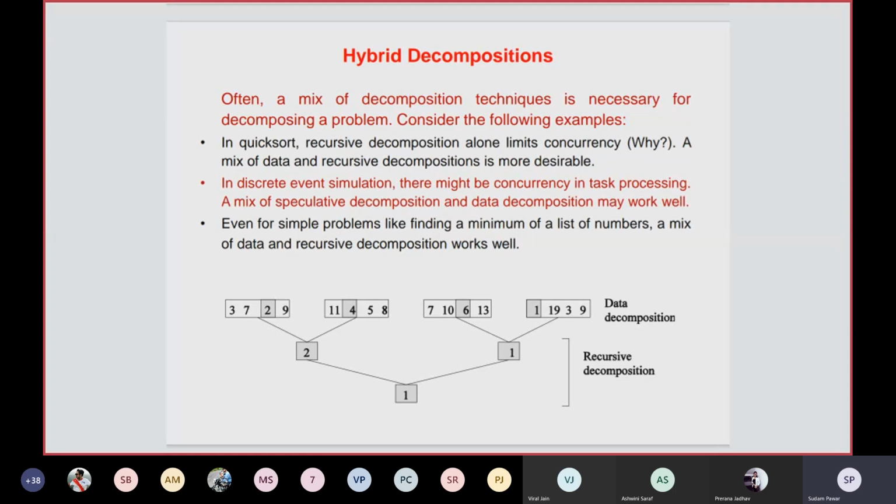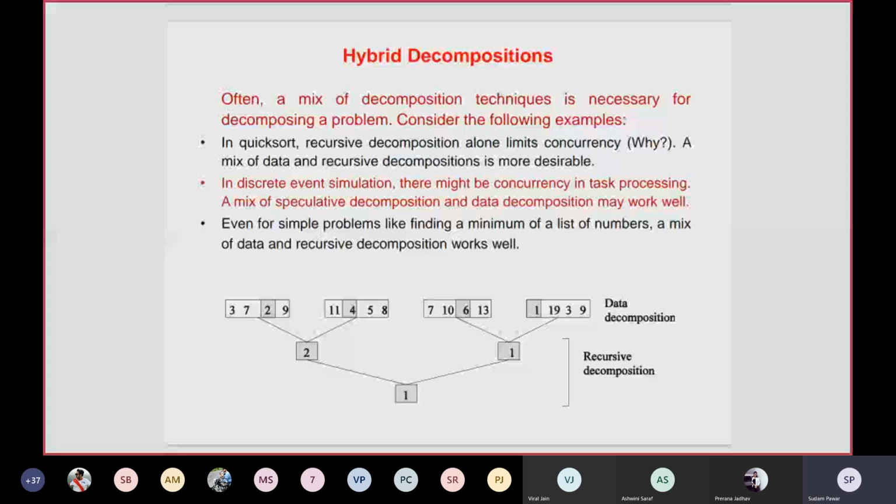Another example you can see is discrete event simulation. There might be concurrency in task processing, and a mixture of speculative and data decomposition may work well compared to only speculative decomposition or only data decomposition. So you can use the hybrid decomposition approach in the discrete event simulation problem.